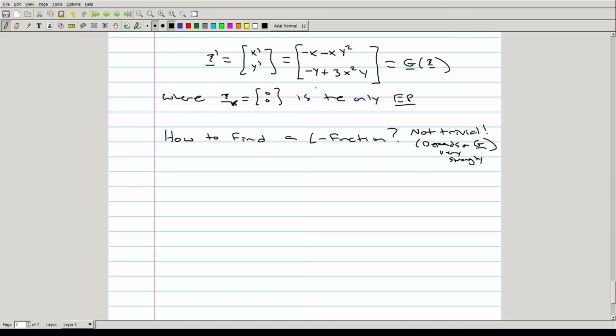And we note that if you choose a function v of x, y of the form a x squared plus b y squared, the gradient of this is 2ax and 2by.